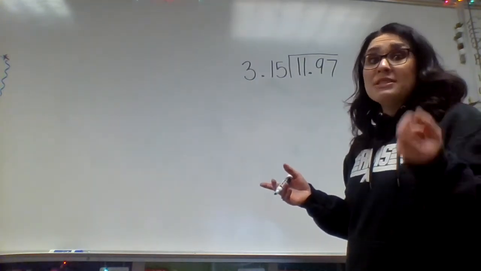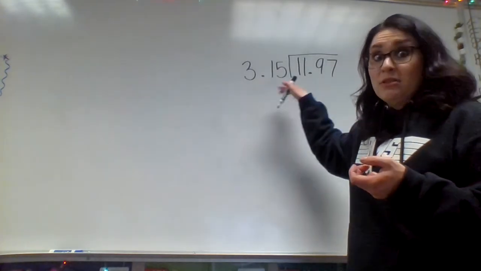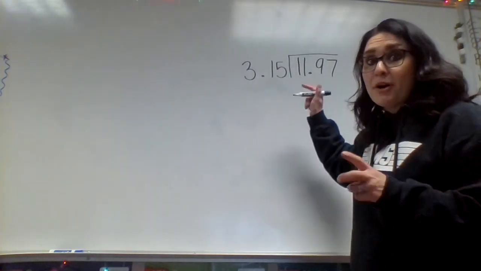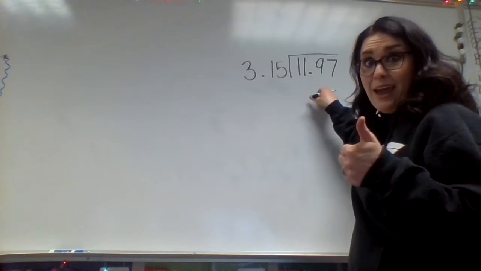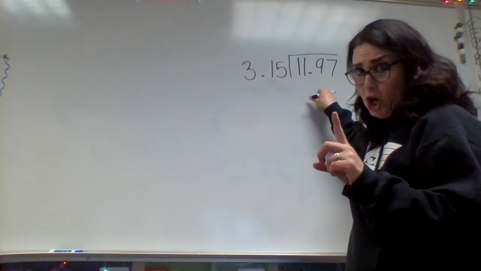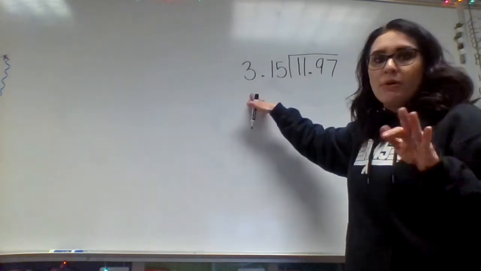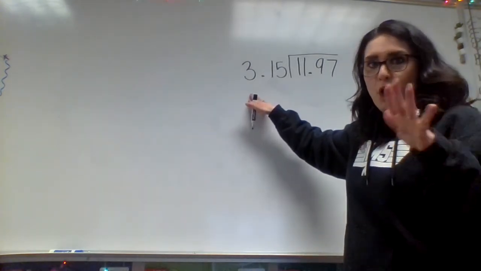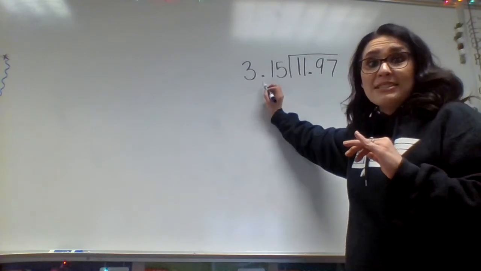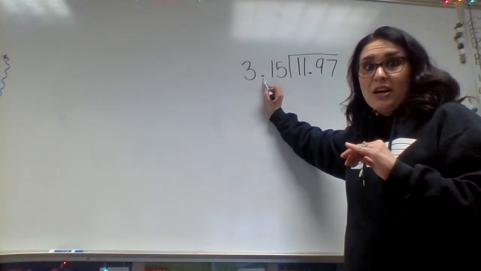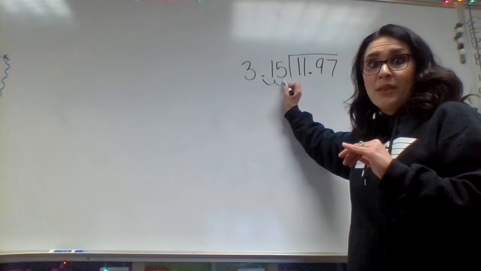Now, when you are dividing with decimals, remember, it is A-okay to have a decimal over here in your dividend, right? A-okay. However, my friends, no, can't have a decimal over here. Nope, can't have a decimal over here. So what we need to do is, because I don't want a decimal at all over here, I need to scooch it over twice.